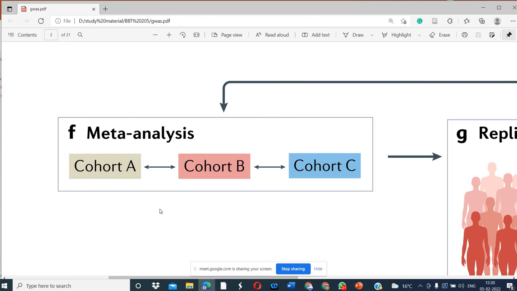Now we have refined data of different things: genotype, phenotype, SNPs, principal component analysis data and association analysis data. So now we have different analyses. Is it clear to you?